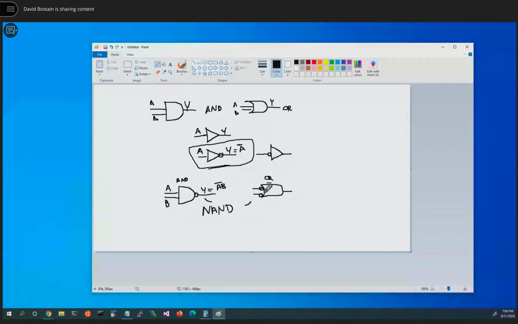This guy is inverting and then ORing, but these are equivalent. So we'd expect the NOR gate to look like this. Bubble on the nose. OR first, invert out. Or it might look like an AND gate with the inputs inverted. So these are called NOR gates. The bottom one is the Demorgan NOR.